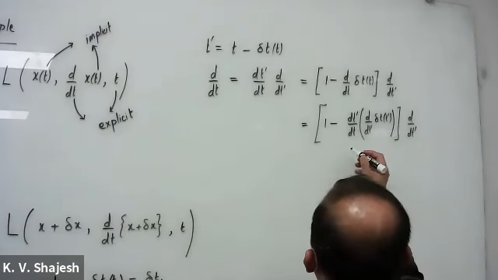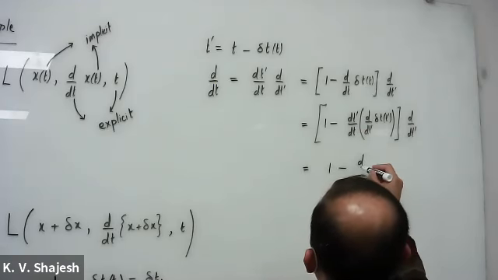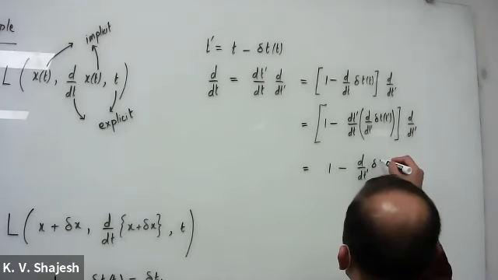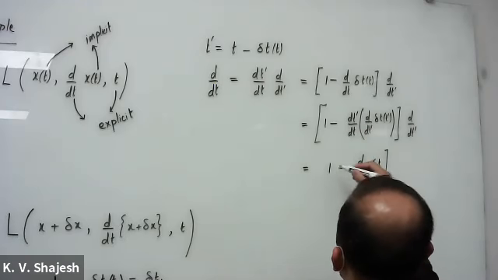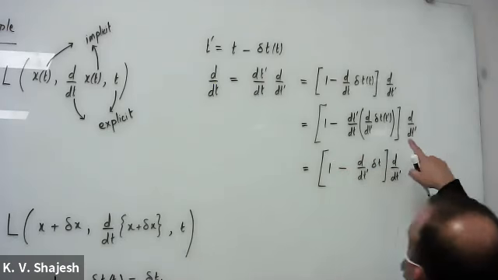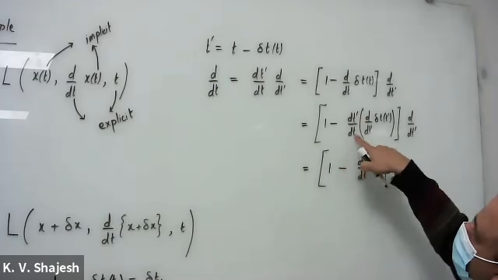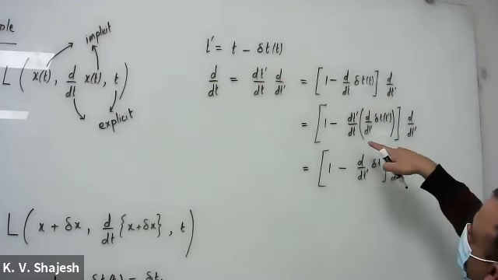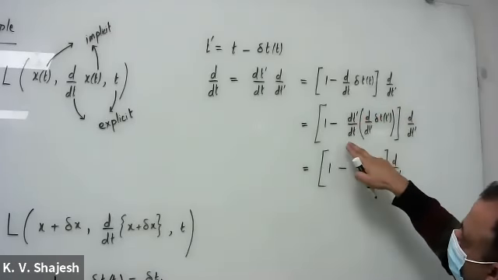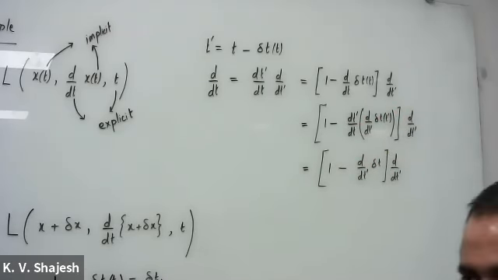So this is, if you want, 1 minus d by dt prime of delta t times d by dt prime. Notice that I should again replace this dt prime by dt with 1 minus a derivative with respect to t, but the second term in that will be second order because there will be two variations.